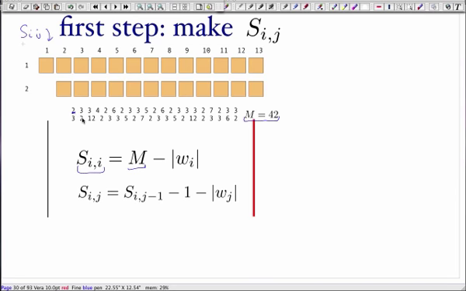Does everybody understand this array of numbers right here? This is the length of the ith word. So that means S11 there is going to be 42 minus 2, which means it's going to be 40. And S12 is going to be 40 minus 1 minus the length of the second word. So it's going to be 36.